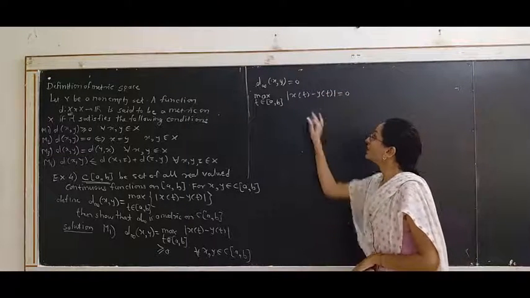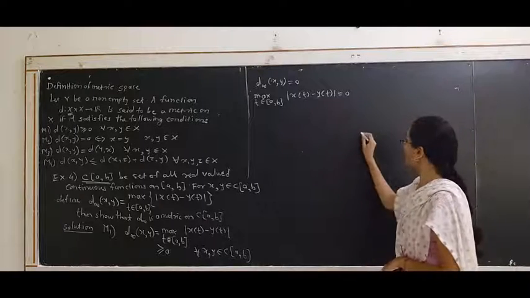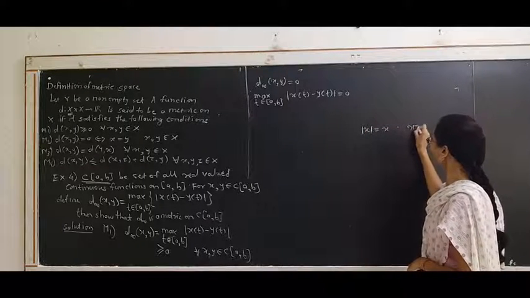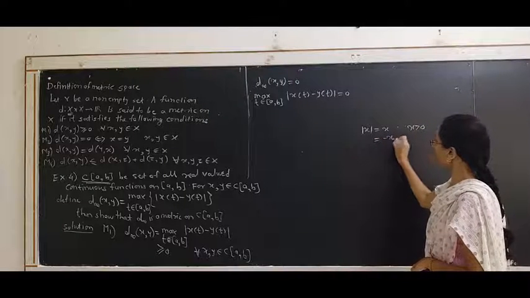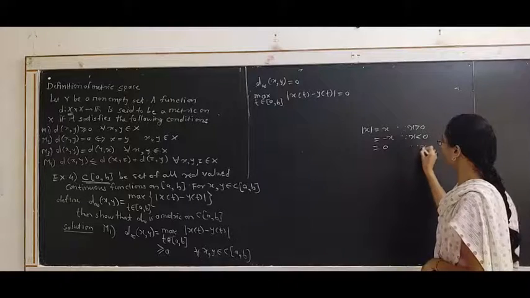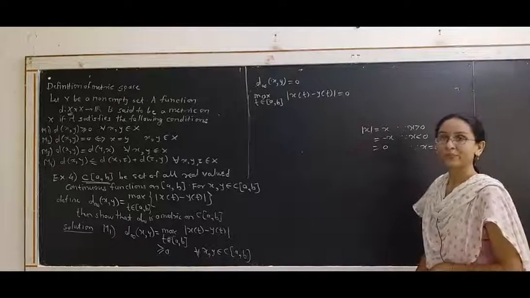Now see, |x| is equal to x whenever x is positive, minus x whenever x is negative, and 0 if x is 0 itself.